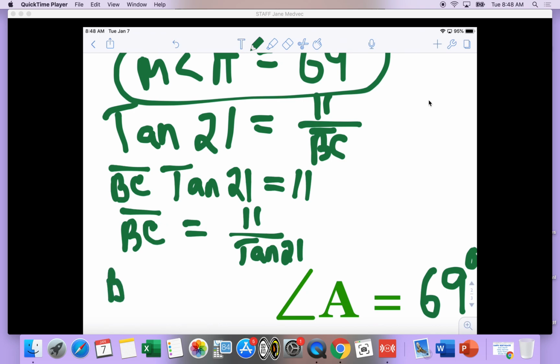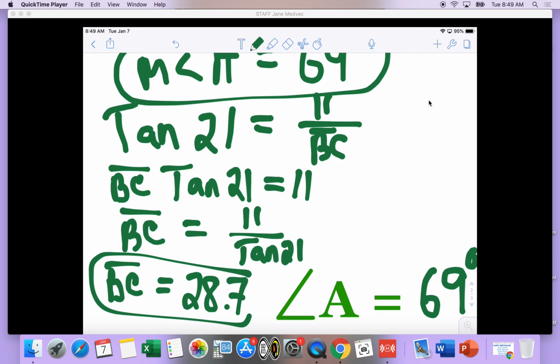Okay, so my BC equals, now grab your calculators, 11 divided by tangent 21. Notice that I didn't do inverse tangent. Do you notice how I just chose tangent? Because I'm finding side length, I'm not finding angle measure. So if I do that, what do you guys get? 28.7.